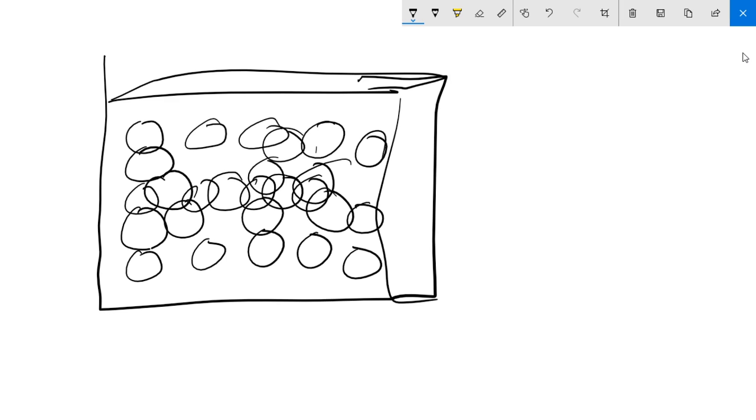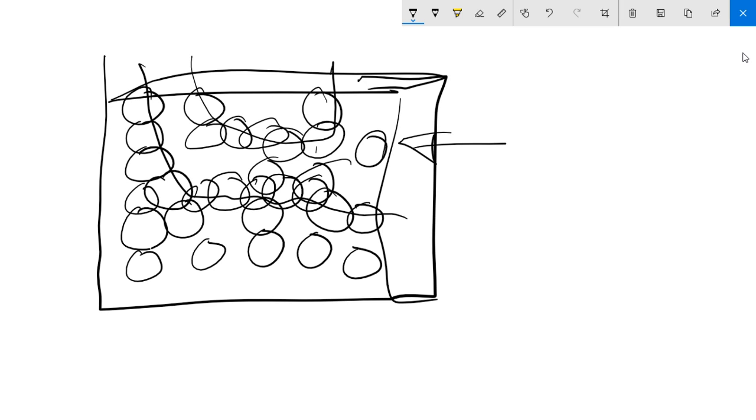Now, if these pores are interconnected, then what will happen? There is a channel, you can see. So these are interconnected.